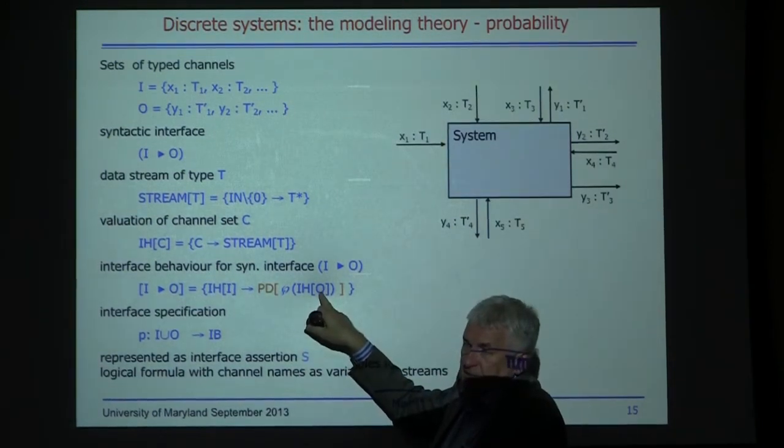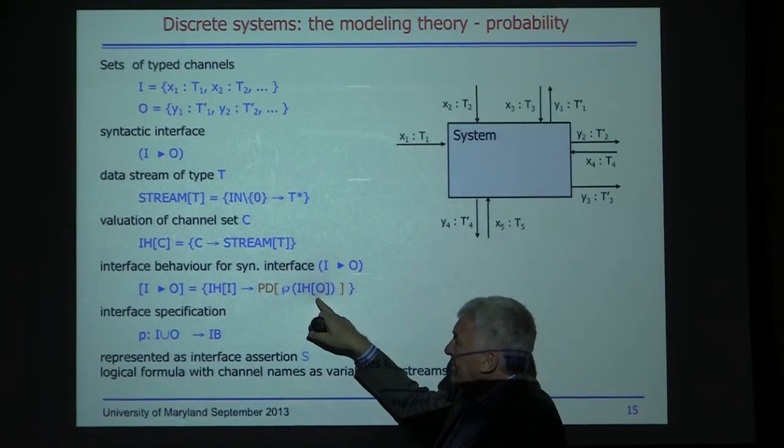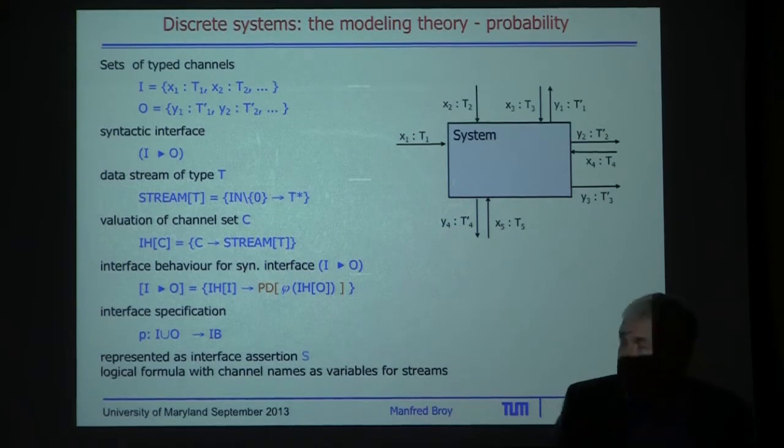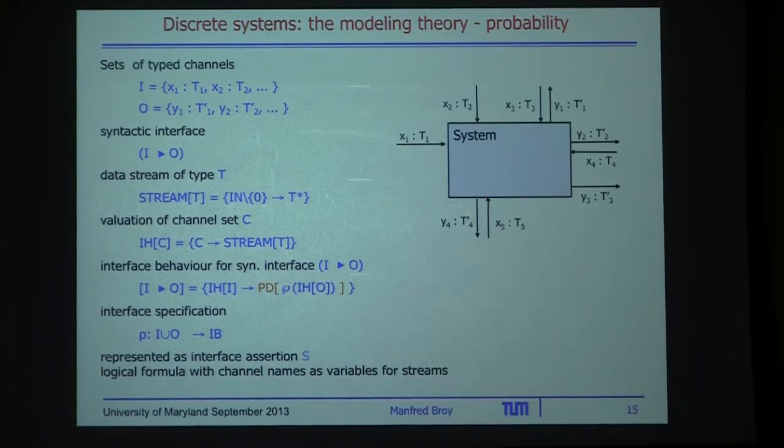If you want to study probability of systems, it's utterly simple. To work it out mathematically is not so simple, but the idea is simple. For each input history, on the set of output histories, you introduce a probability distribution. It's a straightforward extension, which we found very nice. So you don't have to change a lot.